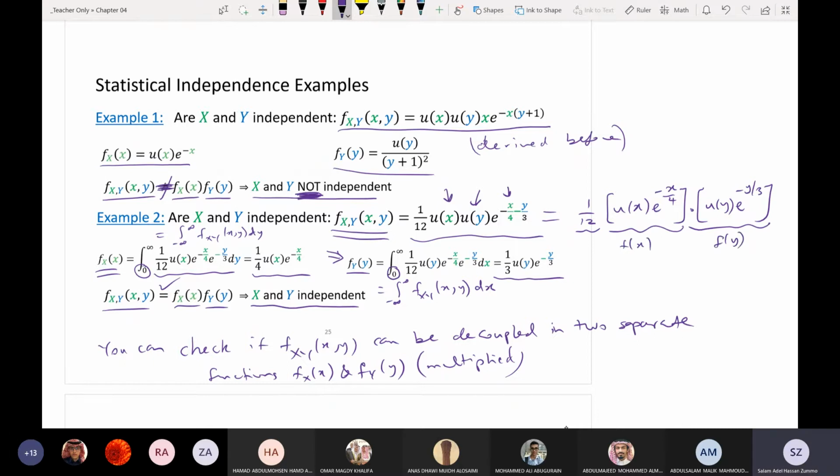This is a function of x and another is a function of y. Because of that, they are independent, because they can be decoupled. أقدر أفصل الjoint PDF into two functions that are multiplied. واحد function of x والثاني function of y وما لهم علاقة من بعض. They are decoupled.